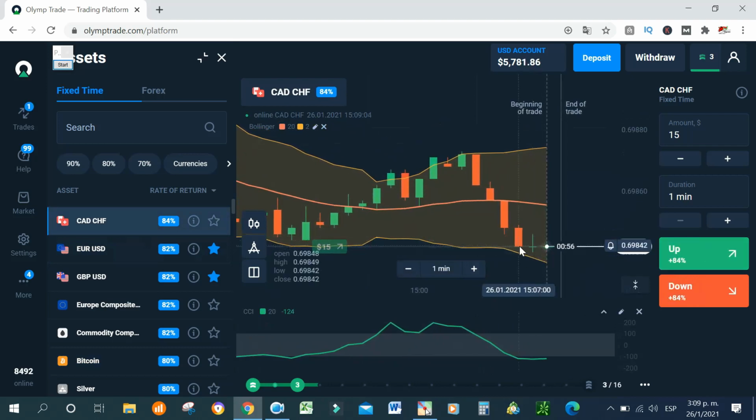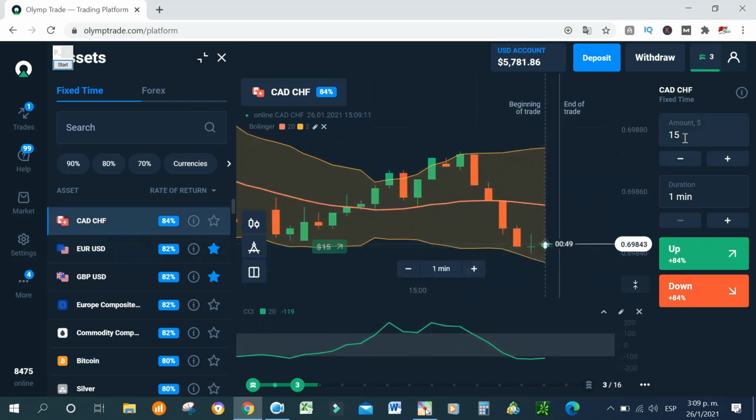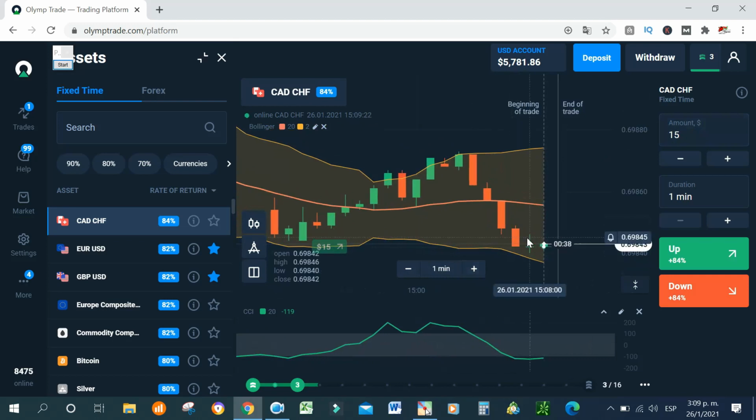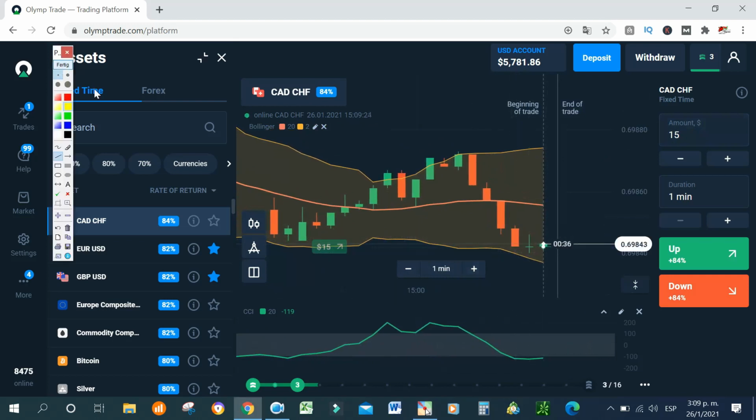It's not very good, this entry. Just in case the price goes lower, I will enter a $30 trade. Why did I say it's not a very good entry? Just because this kind of candlestick is a very neutral candlestick, and also we haven't reached the lower Bollinger Band yet.